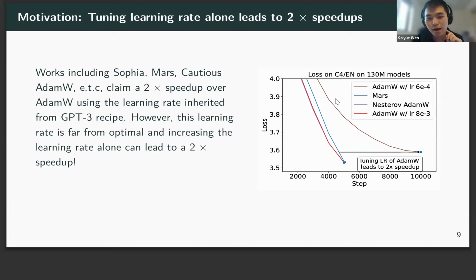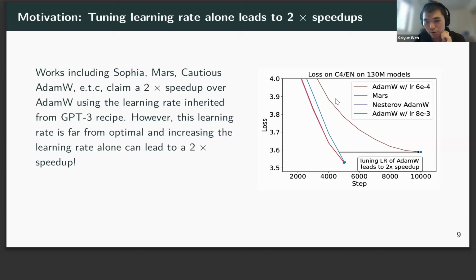And if you put some of the AdamW variants in the same plot, you will see that in this particular setting they no longer provide a large speed up over AdamW. Instead, some of the optimizers shown here are actually slightly worse than the tuned AdamW.